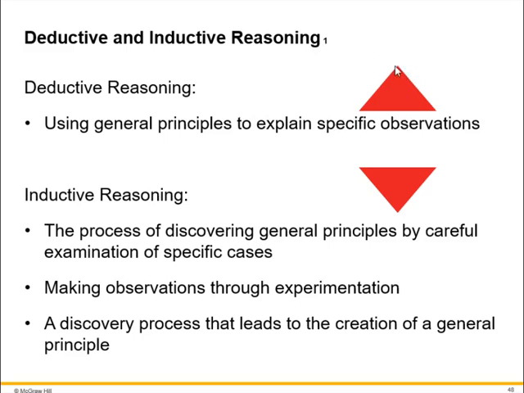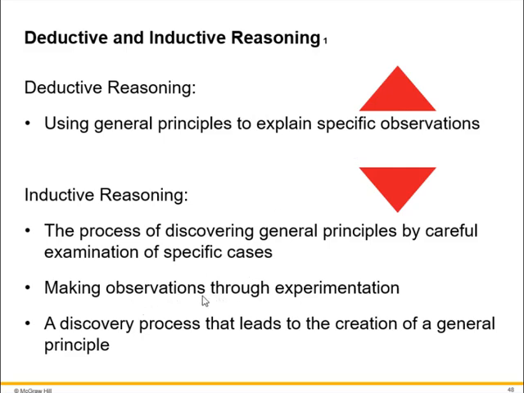So you have one general principle that explains lots of different observations, and where inductive reasoning you have lots of observations and they lead to a general principle. When we do hypothesis testing, we usually have lots of different results, and that leads us to a general principle, but it could be the other way around as well.